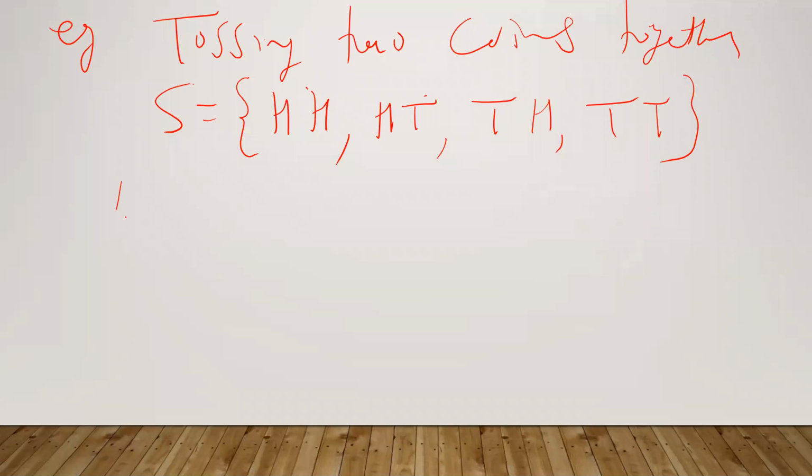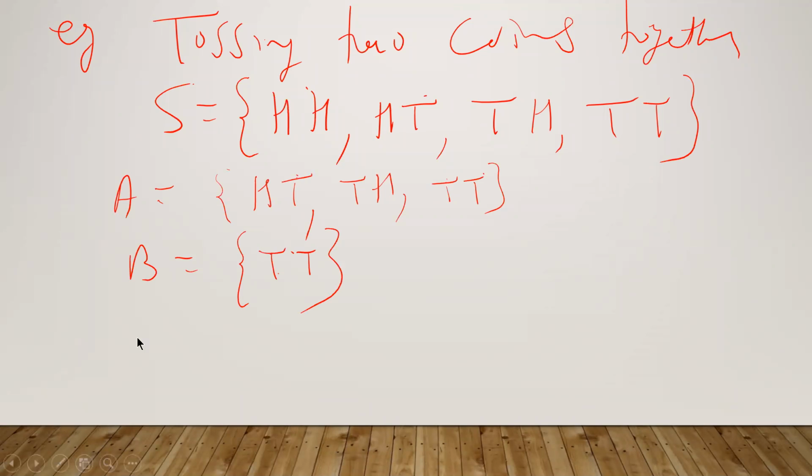Let me take two events here. Suppose my event A is... these are the two events.